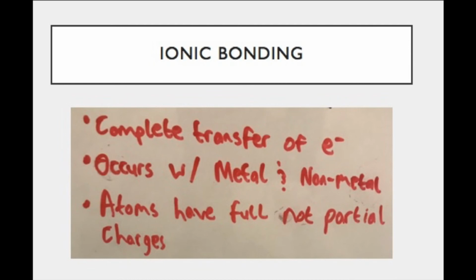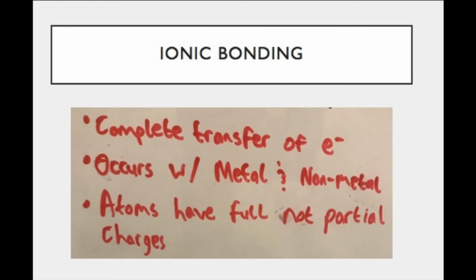Why? Because they typically will only have 1 or 2 valence electrons, so they'd much rather lose those 1 or 2 valence electrons than gain 6 to 7. So it is a complete transfer of the electrons. Say, for instance, we are dealing with NaCl.